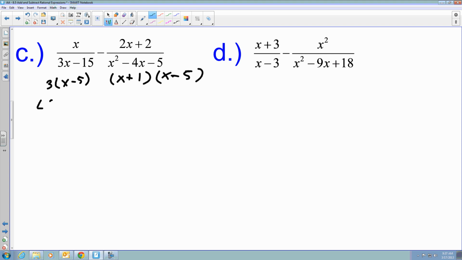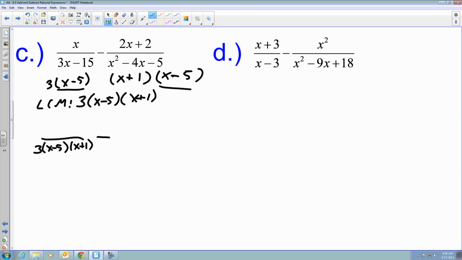So my least common multiple is going to be, I got this the same and this the same. So I got 3 times x minus 5 times the quantity x plus 1. So for the first one, let's write in 3 times x minus 5, x plus 1, minus 3 times x minus 5 over x plus 1.